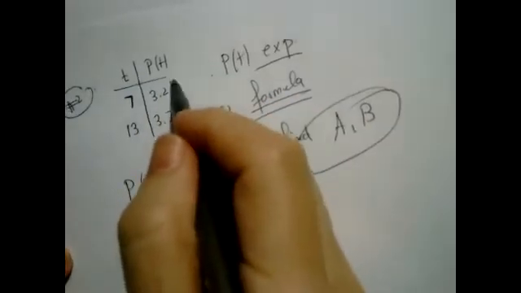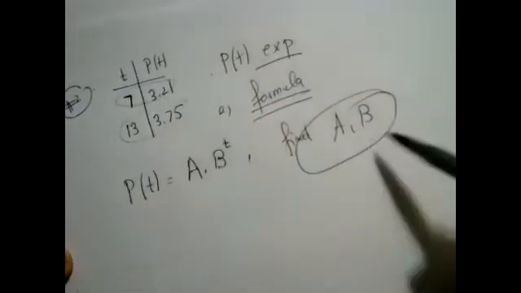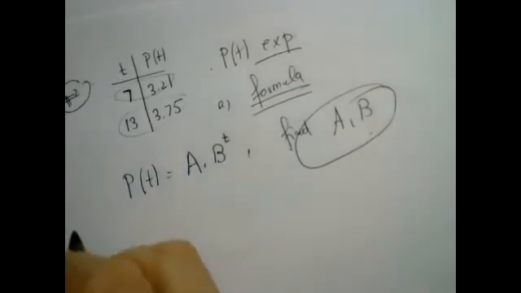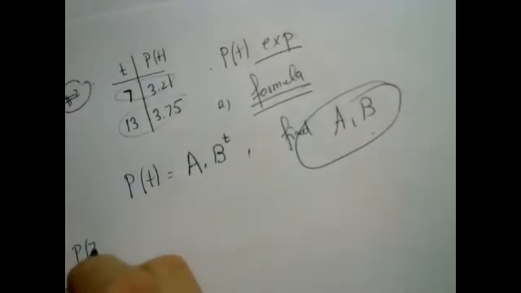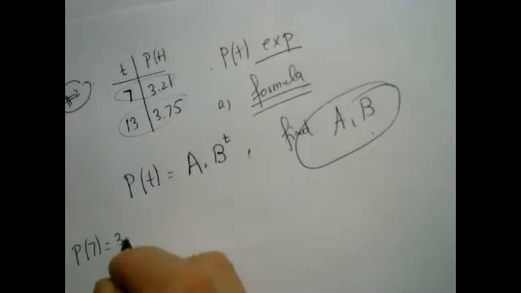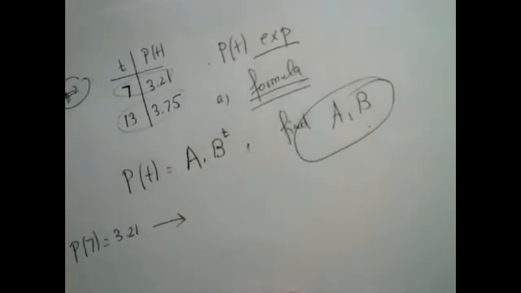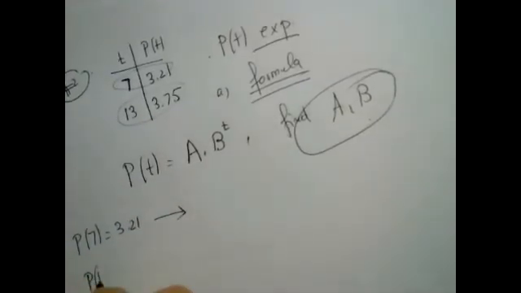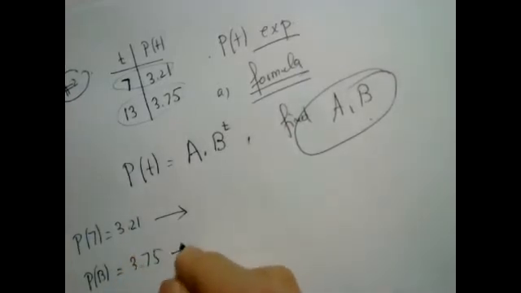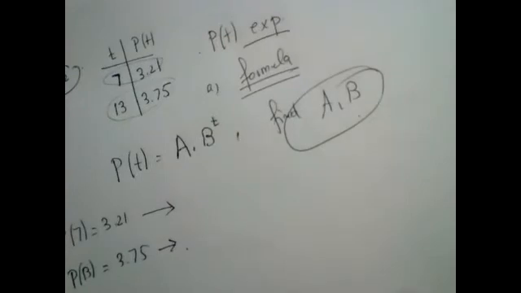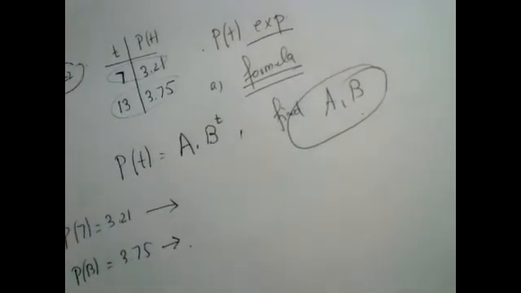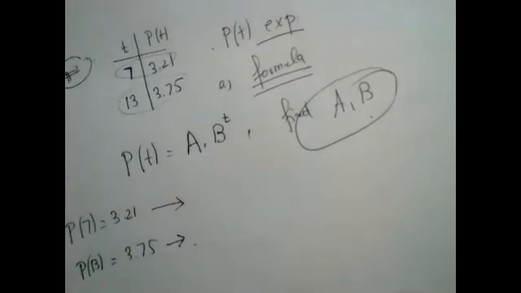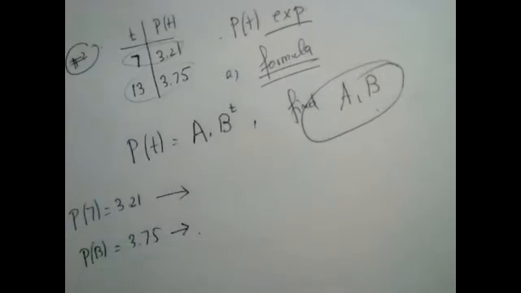We have two data points, so we have two things, and we have to find A and B. So we know that we're going to use this info, and we're going to use the other info. We would like to do this problem kind of fast, so please help me out. How shall I do that?